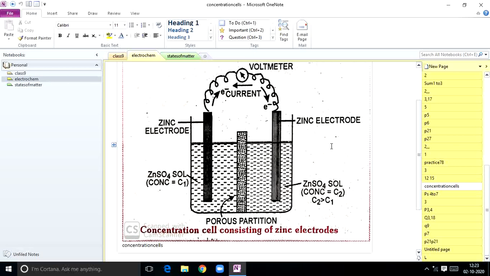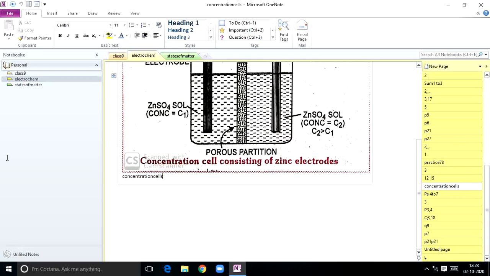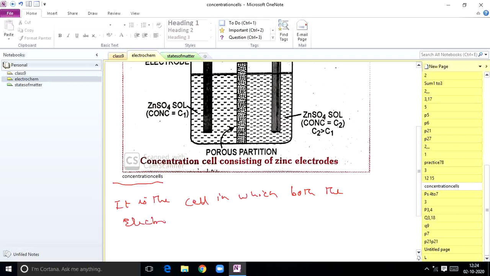Next, we will have a discussion related to concentration cells. See, what is meant by a concentration cell? A new term for you. What is meant by concentration cells? It is a cell in which both the electrodes are of the same type.